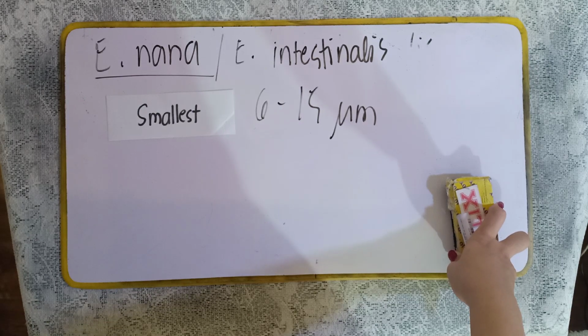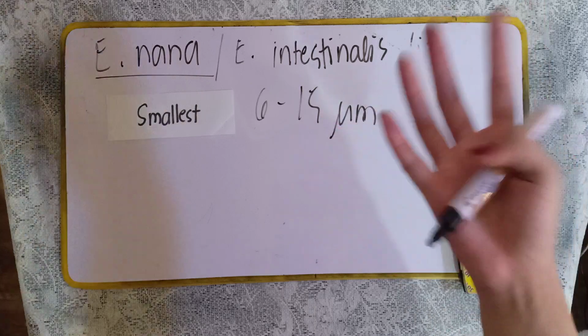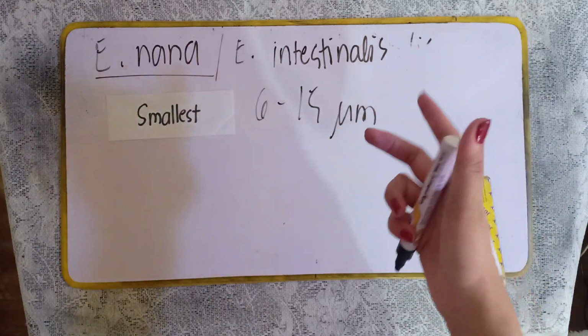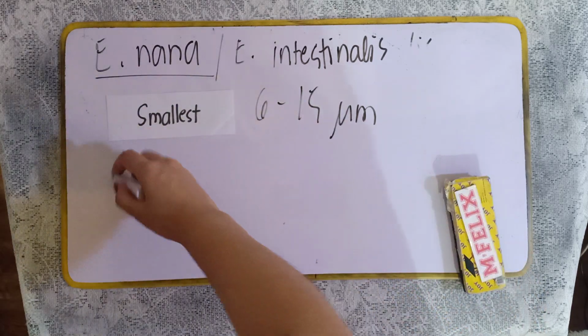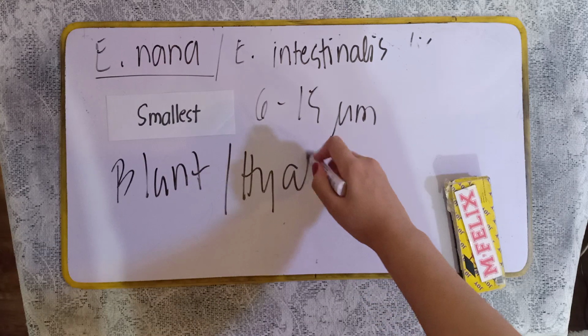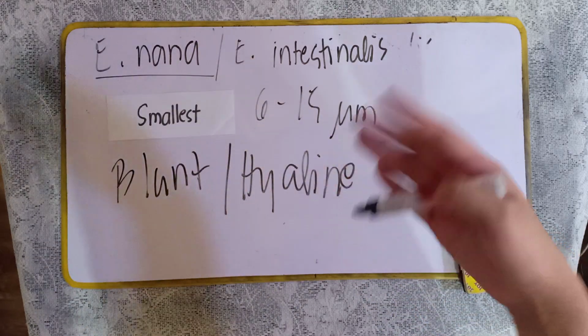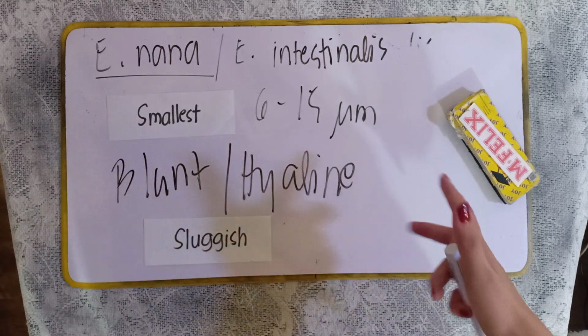Now, the cytoplasm of the trophozoite of this parasite is granular and vacuolated. The pseudopodia are blunt or hyaline. In terms of motility, it has a sluggish movement.